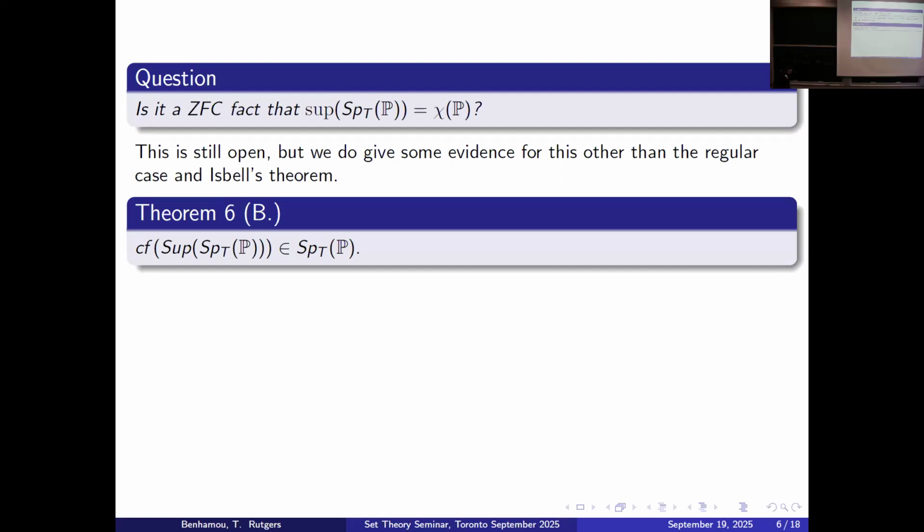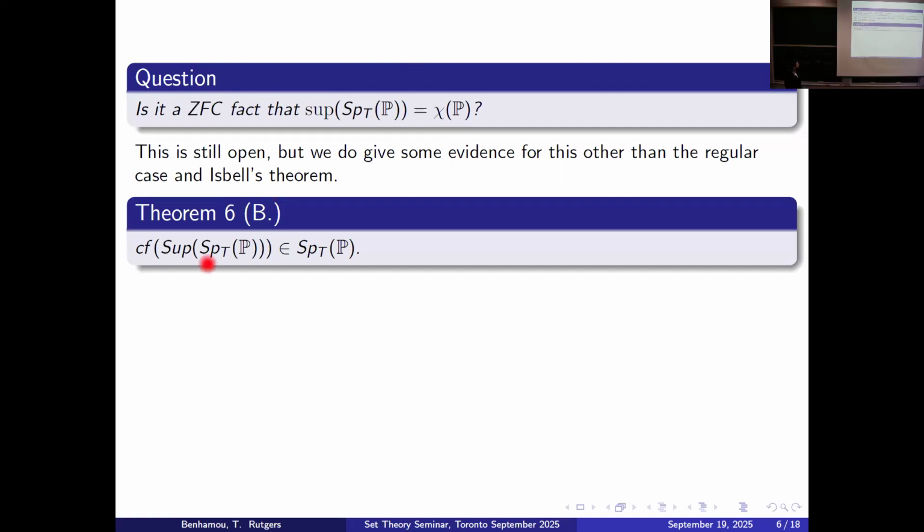Yeah, and the reason PCF comes in naturally is because we know this equality is going to be true already when this is a regular cardinal. So the only case which is interesting is the singular cardinal case, for this question at least.